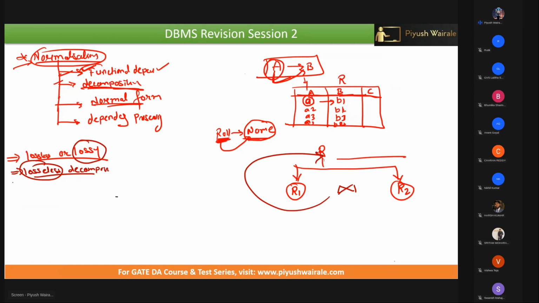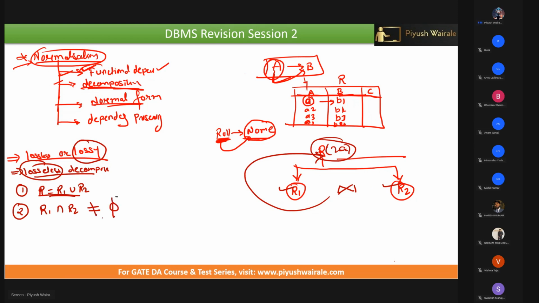Now, how to check for a lossless decomposition? Three conditions are there. First one, R is equal to R1 union R2, meaning all the attributes must get covered. If I have 20 attributes in this particular R, then all 20 attributes must be part of R1 and R2 together. So R1 union R2. Second one is R1 intersection R2 is not equal to the empty set.